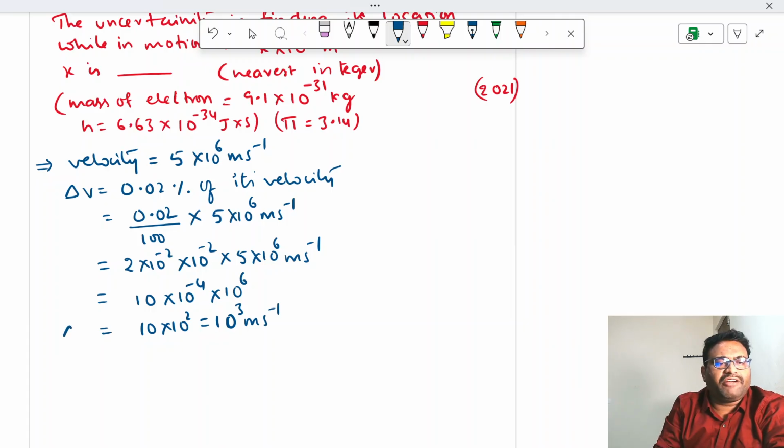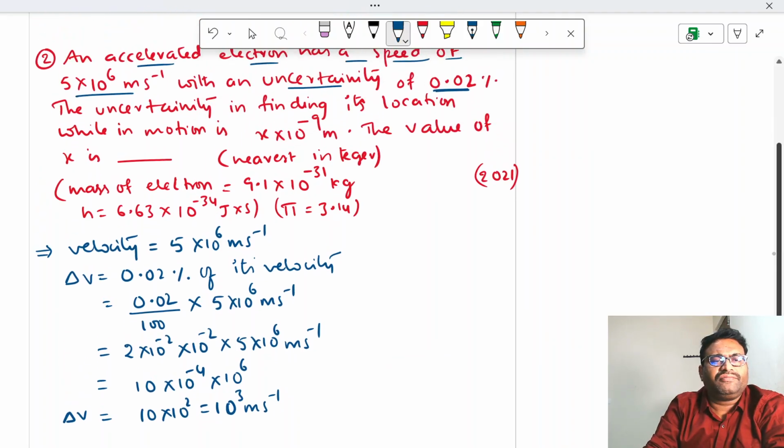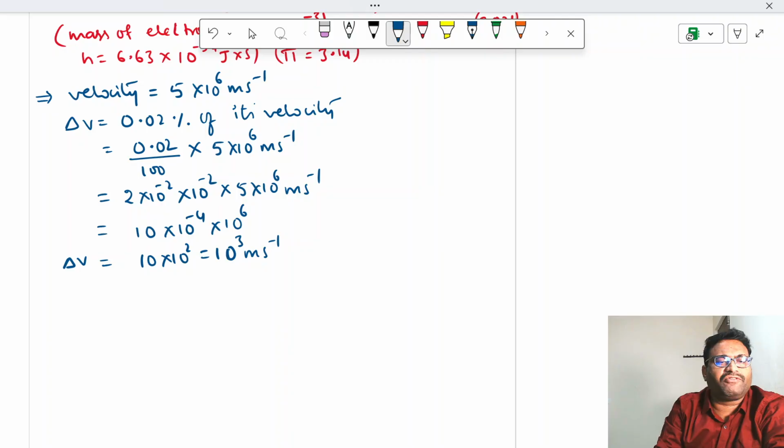So we have delta v. Then uncertainty in finding its location while in motion is x into 10 power minus 9. So we need to calculate delta x. Again, a similar type of question.